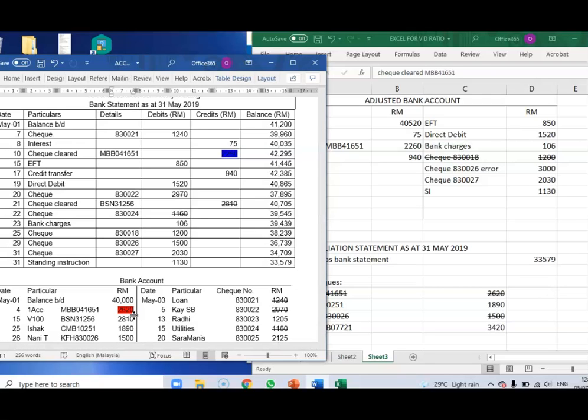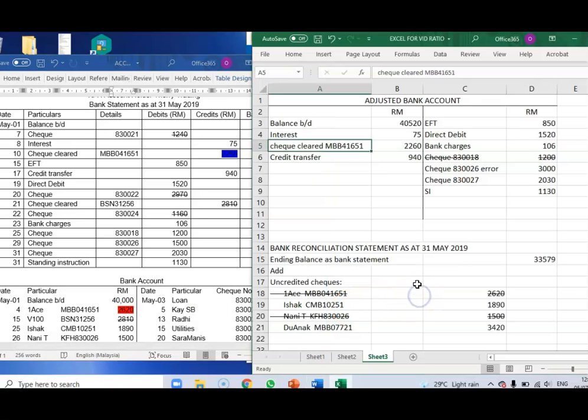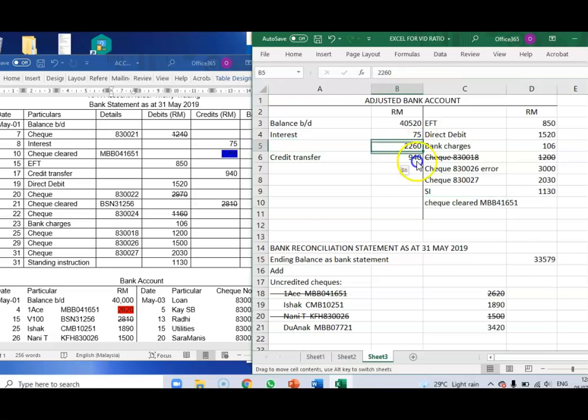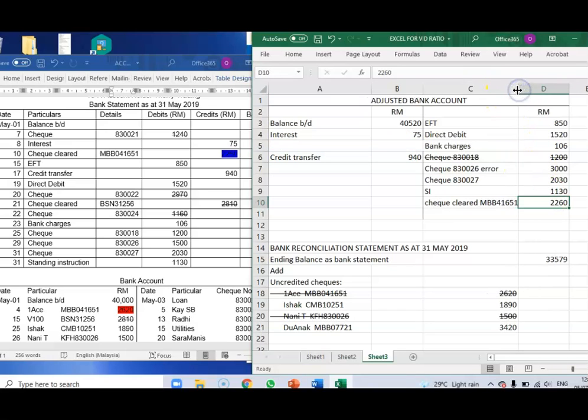So when is it overstated? Overstated means that you need to move the figure from the credit side to the debit side. Move it.